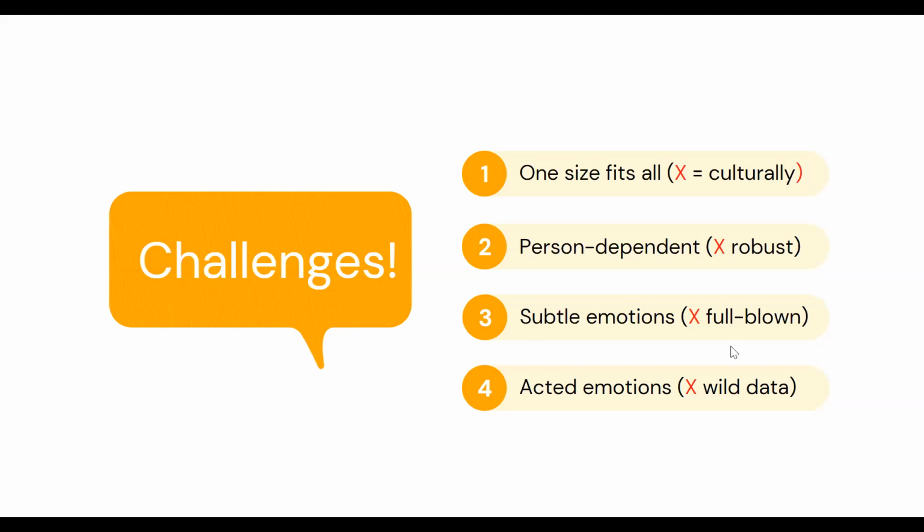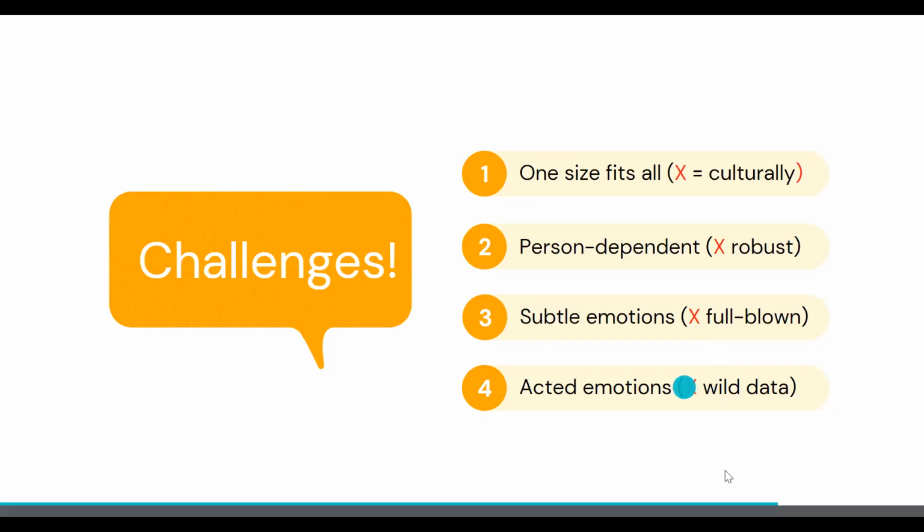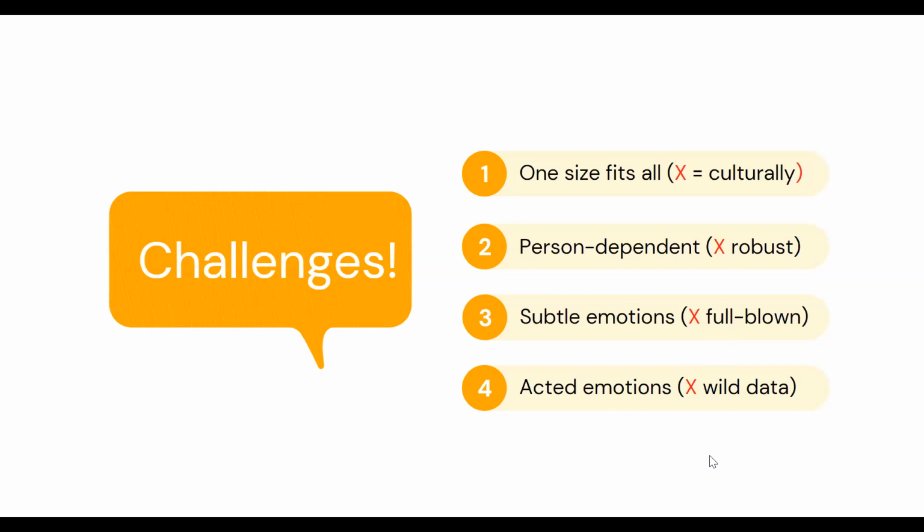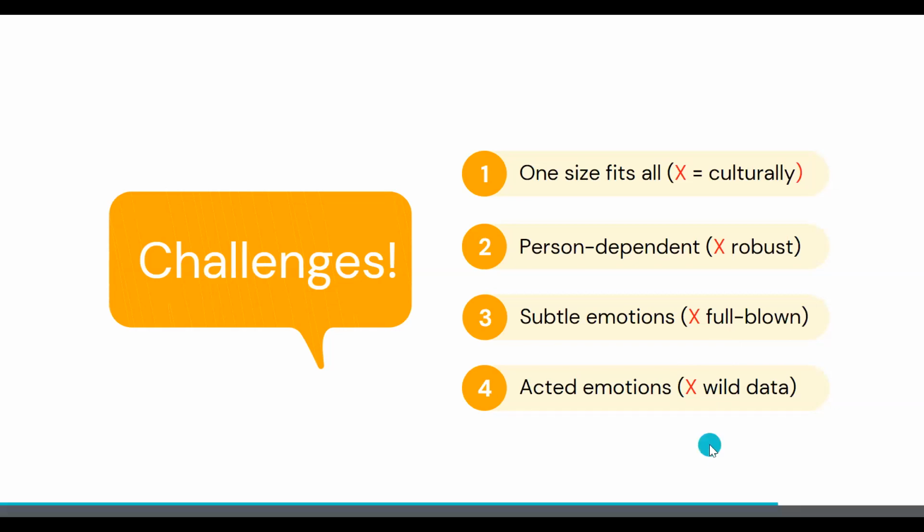So the segmentation of this emotion is very vague. It's not very clear. So modeling work is very challenging when it comes to subtle emotion. And sometimes we are still using acted emotion, so we do not use wild data. Wild data means emotion from the wild, that means from real people's data.